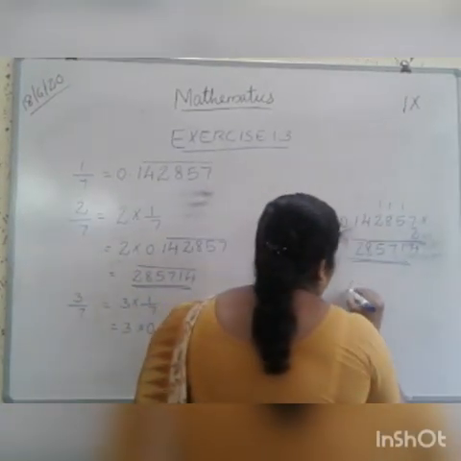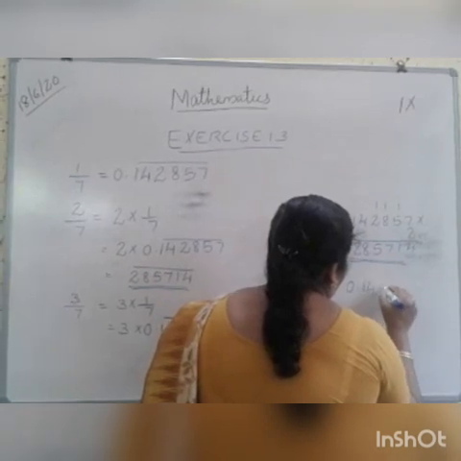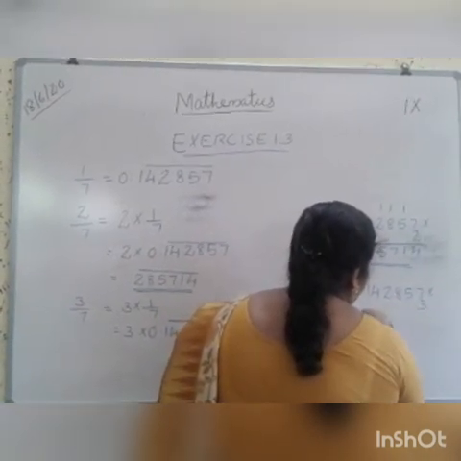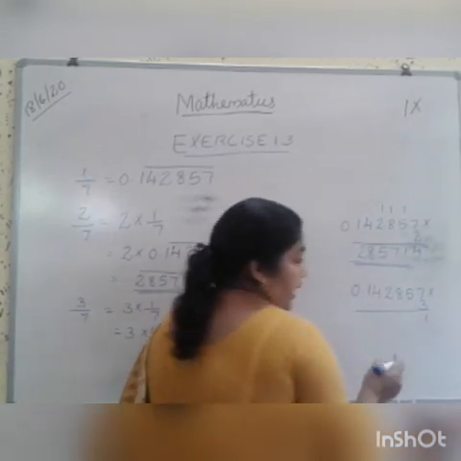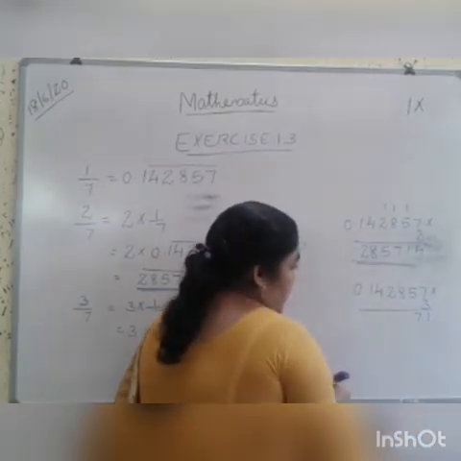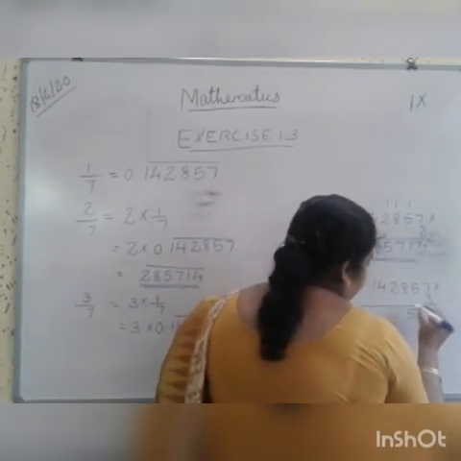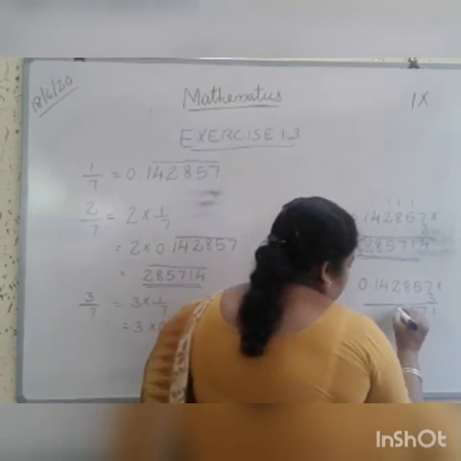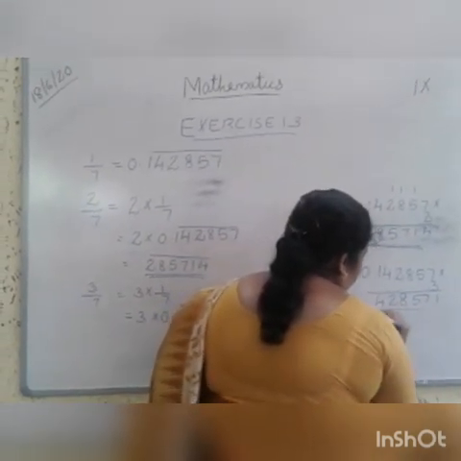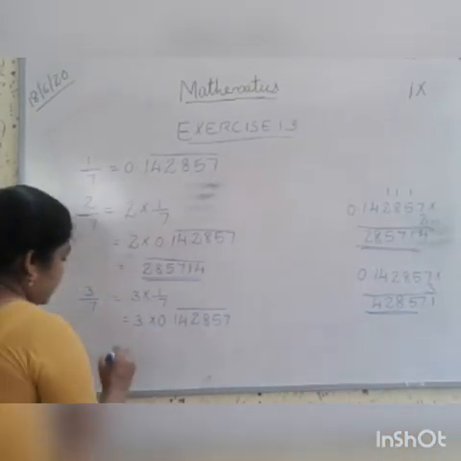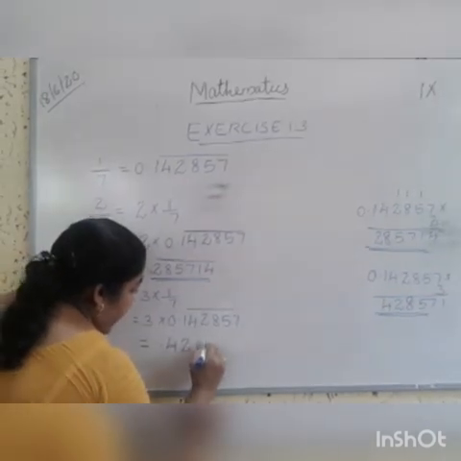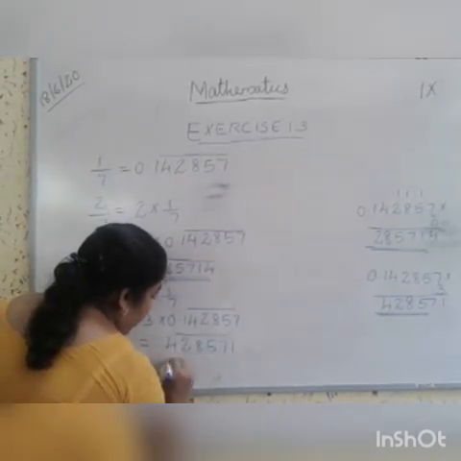Now we can multiply 0.142857 into 3. 7 3s are 21, carry over 2, 15, 17, carry over 1, 25, carry over 2, 8, 4 3s are 12, carry over 1, 4. That is equal to 0.428571 bar.